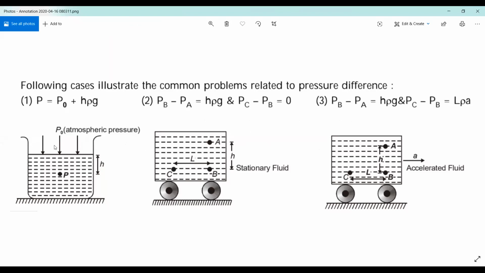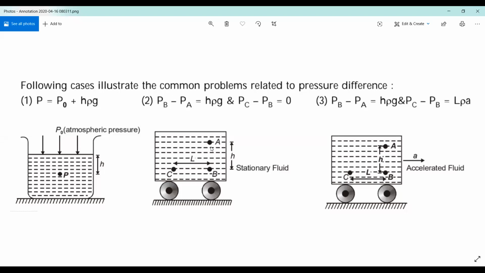Now suppose there is a liquid container which is at rest. In that case, as we know, at any depth, the pressure will be equal to atmospheric pressure plus the pressure due to the height of the column. So pressure is equal to P naught plus rho gh. Now suppose I consider a container at rest, but I am considering 2 points separated by h distance.